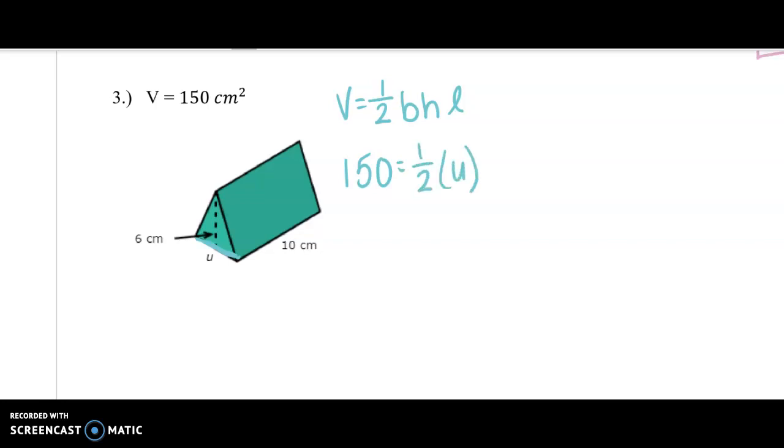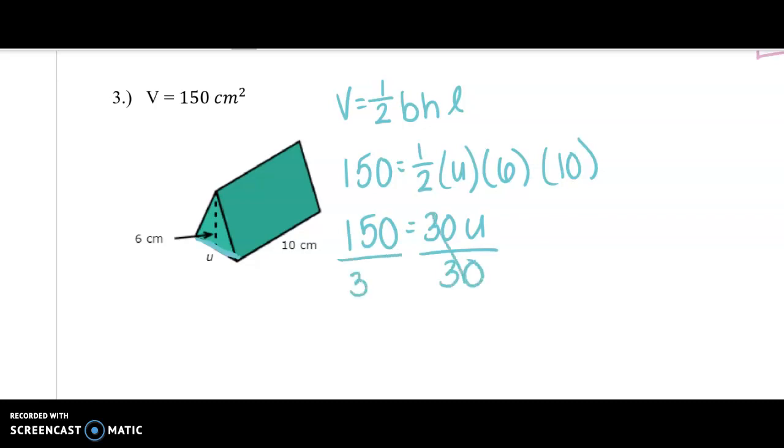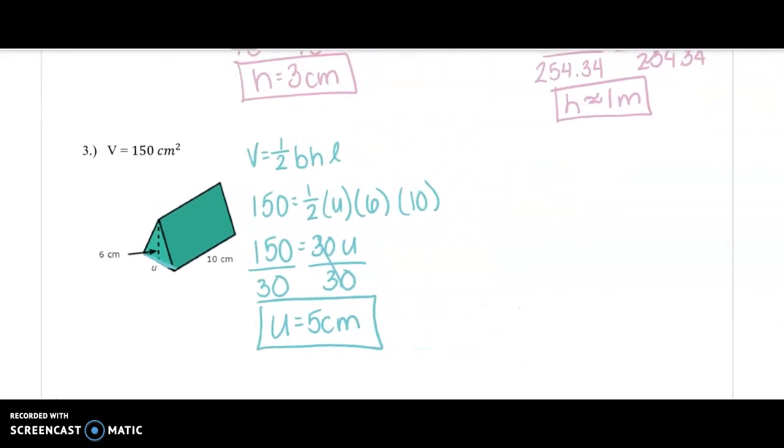They're using U for that, so we'll use U. My height is 6, and my length is 10. So 150 is equal to 1/2 times 6 is 3. 3 times 10 is 30, so 30 times U. Divide both sides by 30. So U is equal to 5 centimeters. Okay, so that would be our final answer for that one.